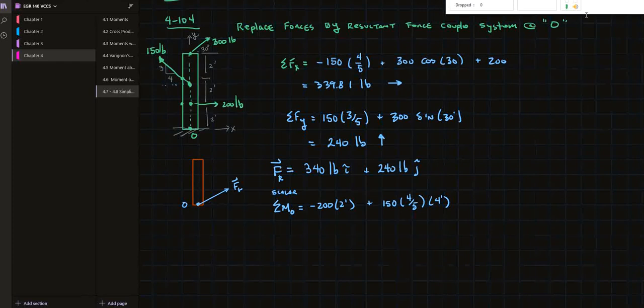Then I have a component up here in this direction. So minus 300 cosine of 30 degrees, and I almost always forget to put on my moment arm.